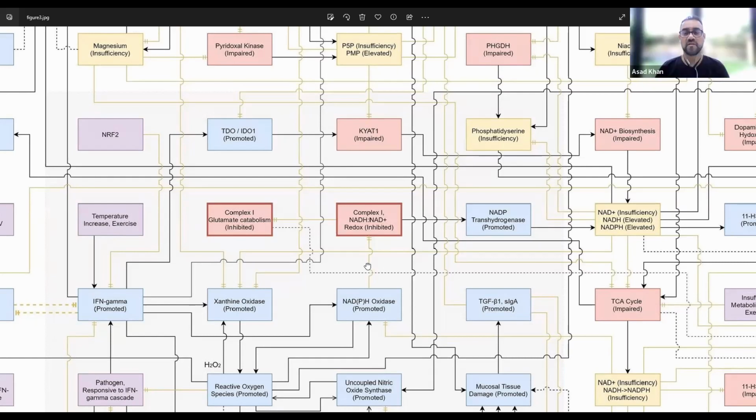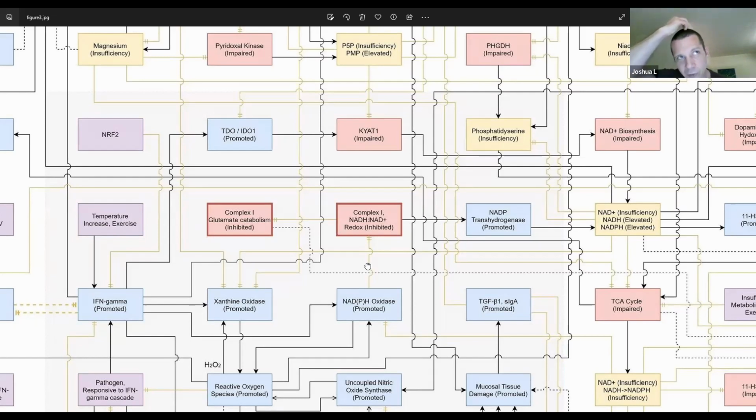And that NADH pooling is really interesting because it then alters the flux through a number of these different enzymes, which are sensitive to the NAD to NADH pool balance. And so if it's a reversible reaction, then it potentially goes the other direction. If it's not a reversible reaction, then it might be inhibited, or depending on the way that enzyme's set up, it might actually then promote that activity.